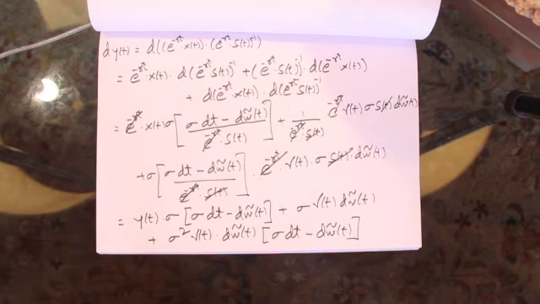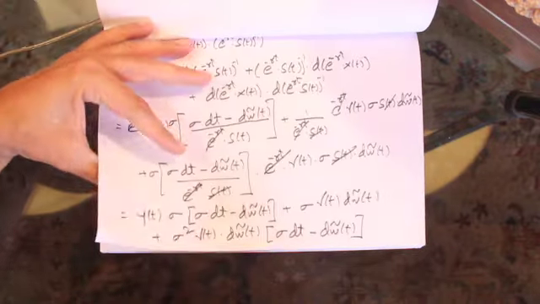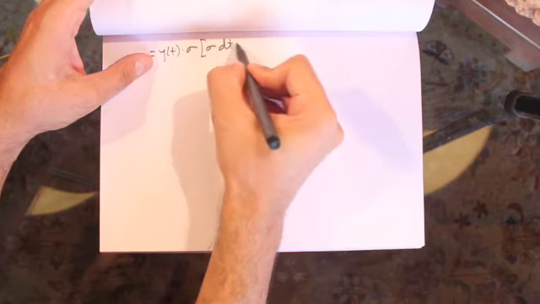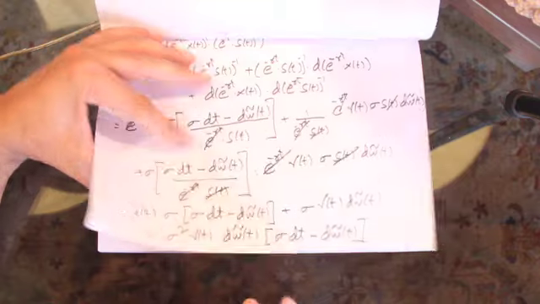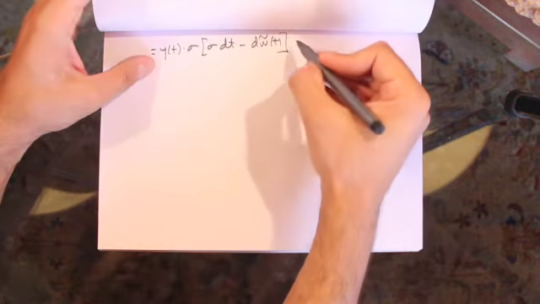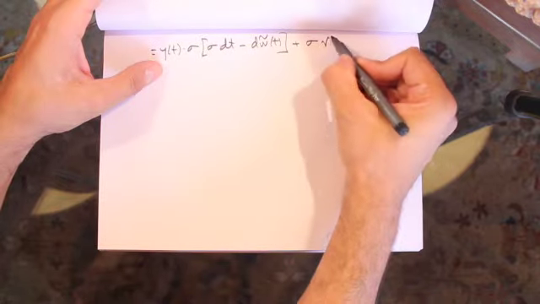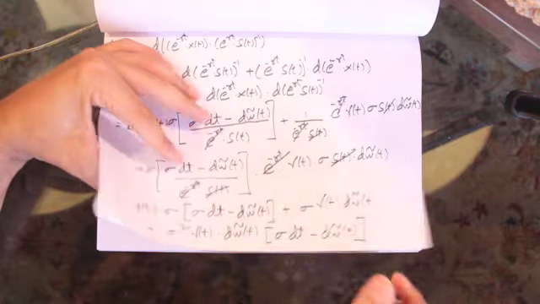So now let's solve this further. This is y of t times sigma times sigma dt minus dW tilde of t. That's my first term, which I'm writing as is. My second term was sigma gamma t dW tilde t, which I'm also writing as is.